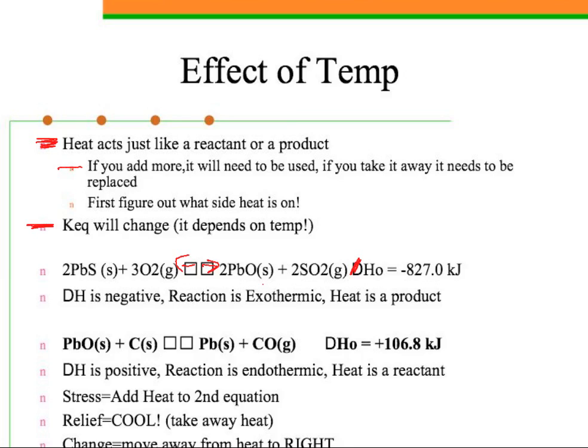And here's the information that we're given: our delta H value is negative 827.0 kilojoules. The information that you're given tells you which side the heat is on. Since delta H is negative, the reaction is exothermic and heat is a product. So heat goes over here on the product side of the equation.